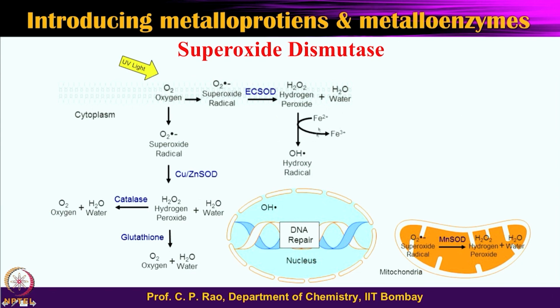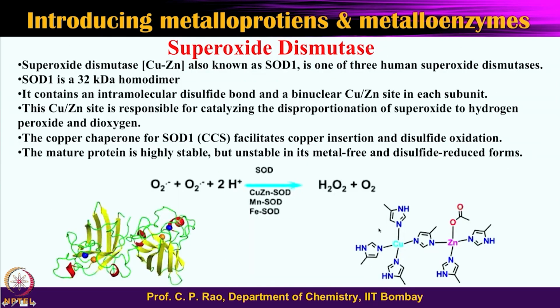If a metal ion can undergo redox, then that can make the radicals. This is what is known as the Fenton reaction. If such a thing is there, it is dangerous. In its absence, the oxygen is taken care of into water, and otherwise the mitochondrial system, nucleus, all this can get damaged.